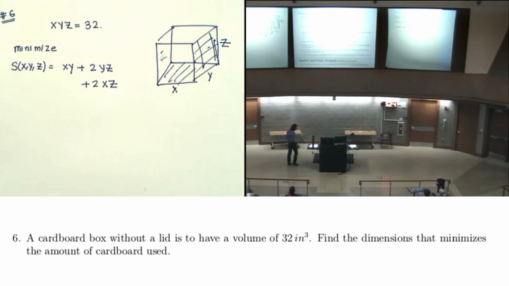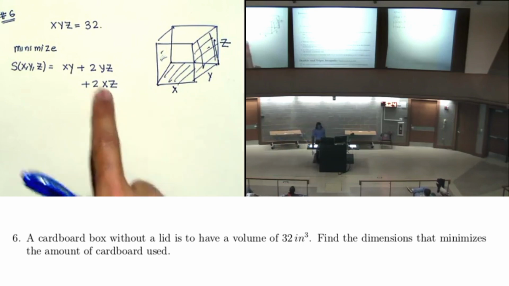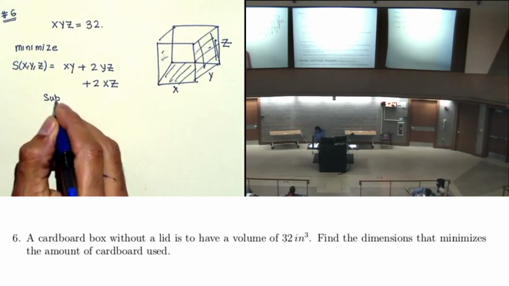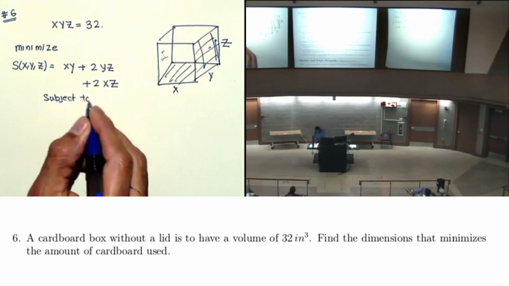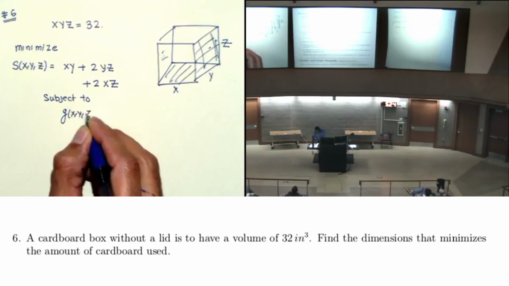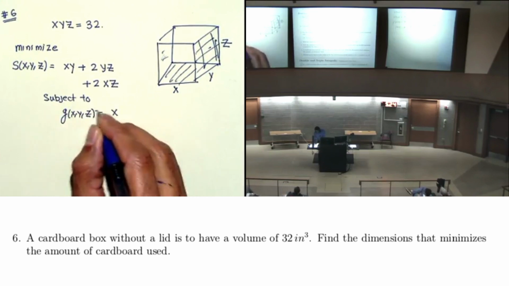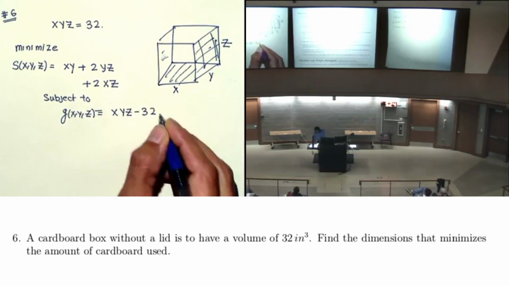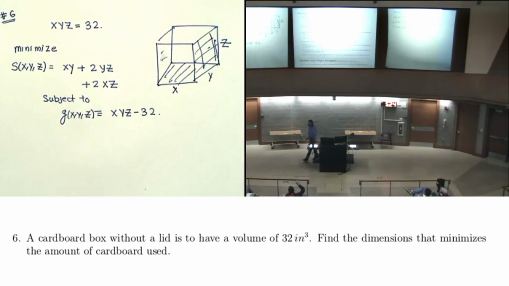So the problem is to minimize this function subject to the constraint G(X, Y, Z) = XYZ - 32. That problem was in your practice exam. The only difference is 32,000 became 32.